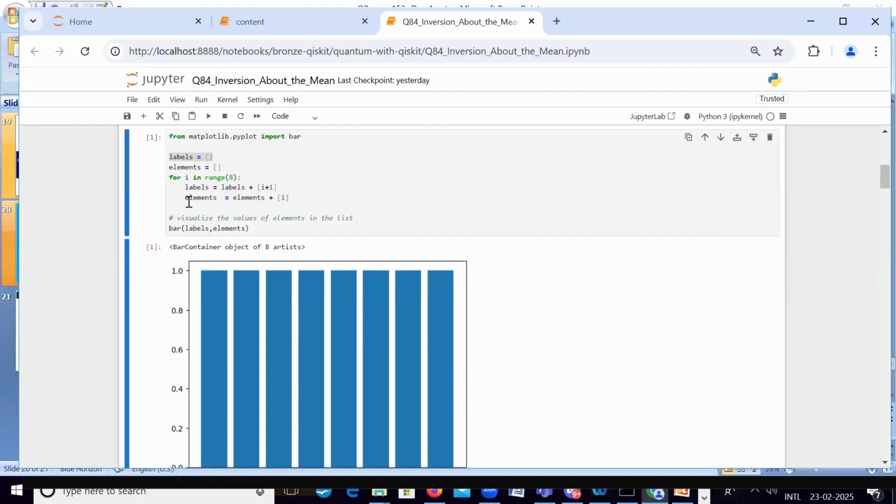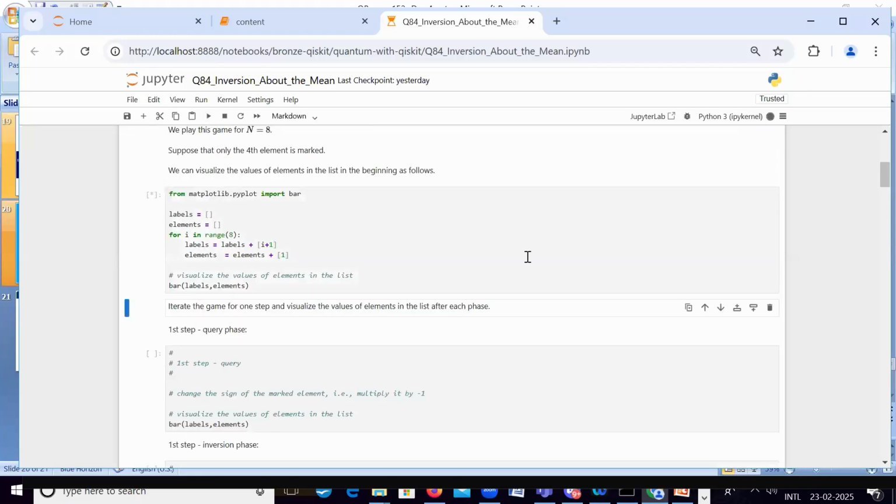The elements are also marked in the same way, doing a similar computation, but here it is getting the value of 1. Just run it.